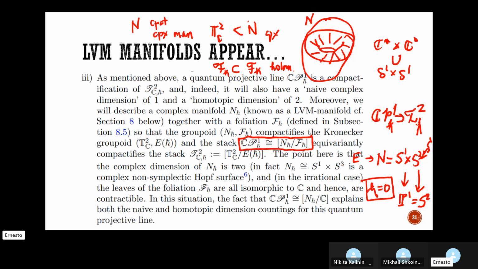Now, what is very interesting is that I perturb H bar and I make it different from 0. Now, N lives above P1H. N lives above P1H, extending, but it has a foliation now. Now the fibration is not by E, it's by C. Here it was also by C, but we were confused.